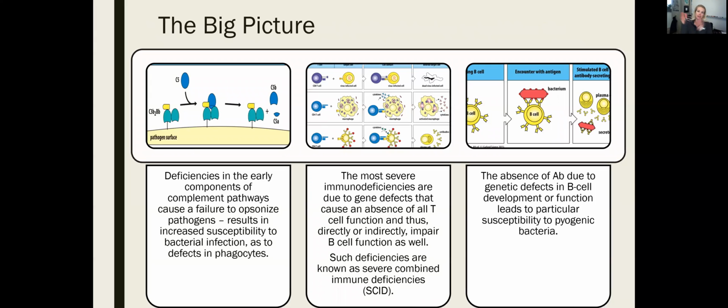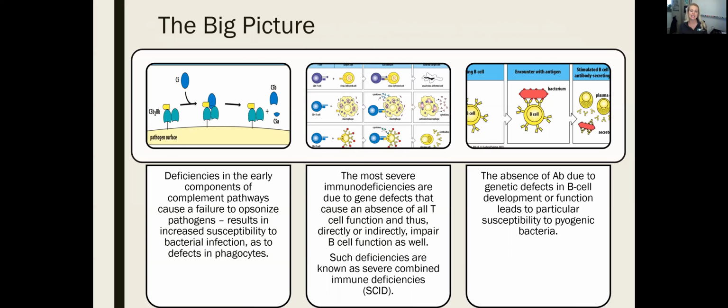But the most severe, in the middle, would be immunodeficiencies that affect T cells, because T cells rule the immune system, and either directly or indirectly, through helping other cells, will impair function. And so if you have impaired T cell function, you will also have impaired B cell function. You may also have impaired phagocytosis if there's not going to be a lot of macrophage activation.